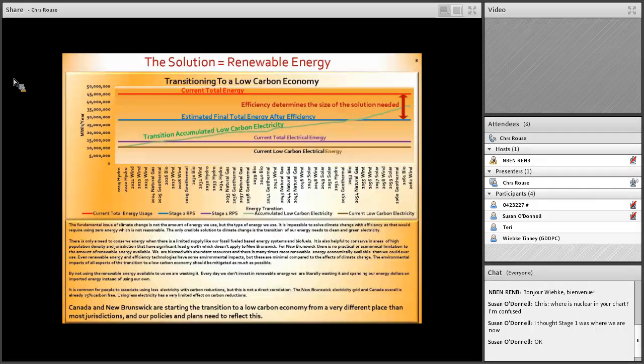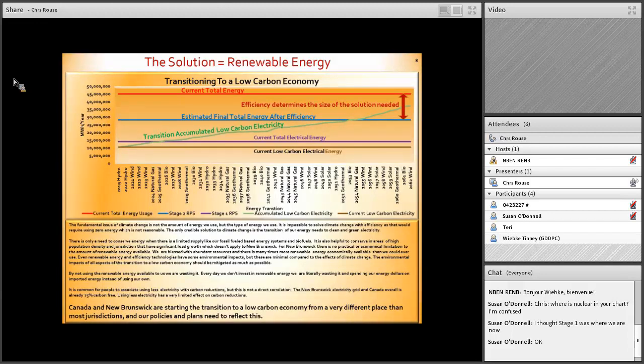So here's a little graph, and I'm just going to read through the bottom part first, then we'll discuss the graph. The fundamental issue of climate change is not really the amount of energy we use, but the type of energy we use. It's actually impossible to solve climate change with efficiency, as that would require using zero energy, which is not reasonable or equitable.